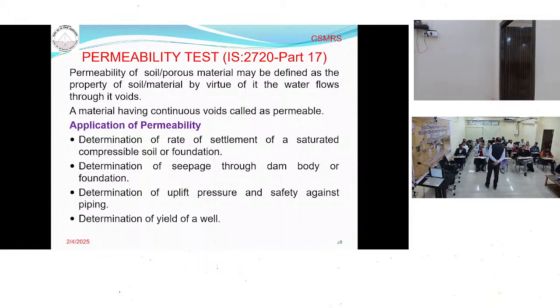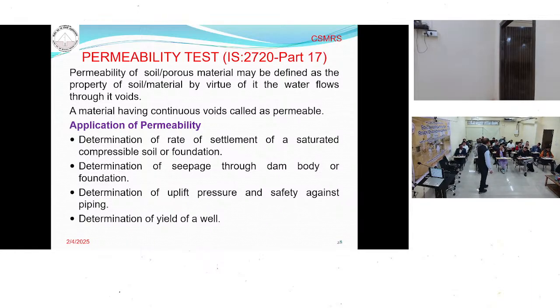Because you are using soil at OMC, it contains some water. After that it will settle. The rate of settlement will depend upon how easily water will come out. If your soil is highly permeable, the settlement will take place within months.